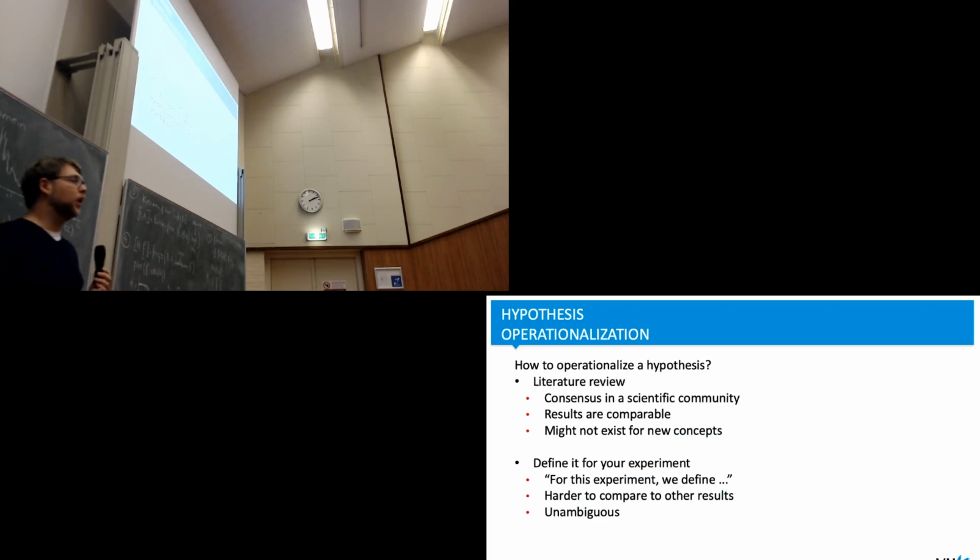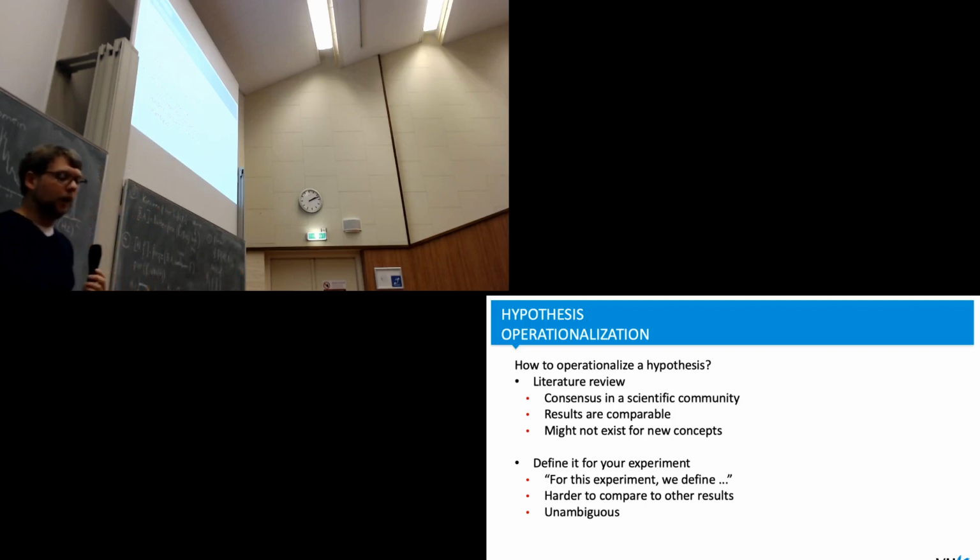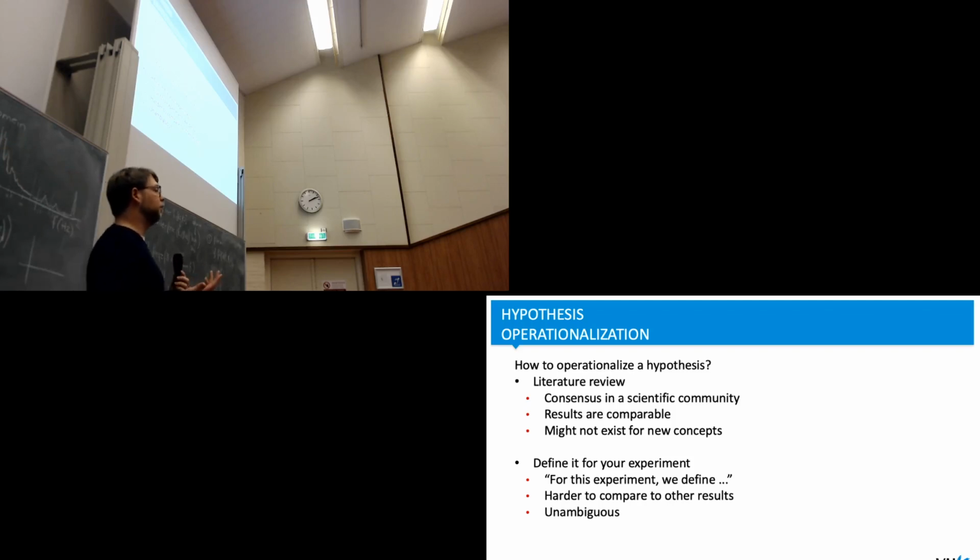There are different approaches how to do this. Either you can look in the related literature. This might help in the sense that there might already be consensus in the research community on how to measure certain things. Then the results are comparable between different studies. That's actually nice. But on the other hand, if you do something new, there might not be an established concept.